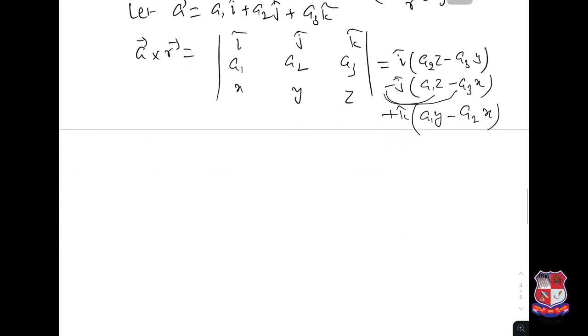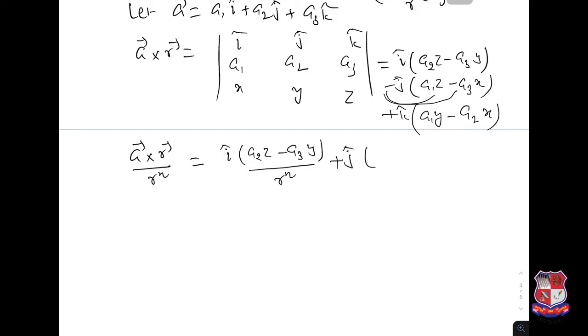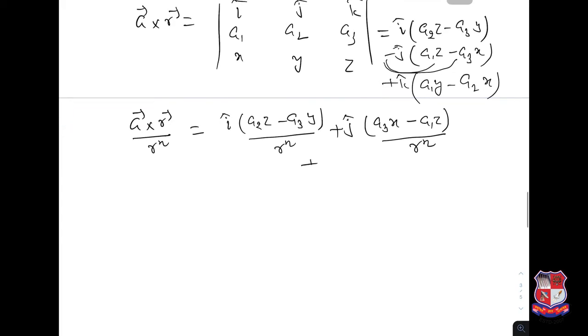And A cross R upon R power n, that is nothing but i (A2z minus A3y) over R power n plus j (A3x minus A1z) upon R power n plus k (A1y minus A2x) upon R power n.